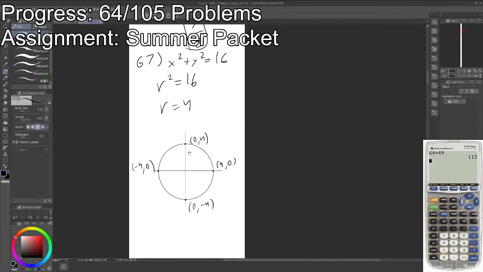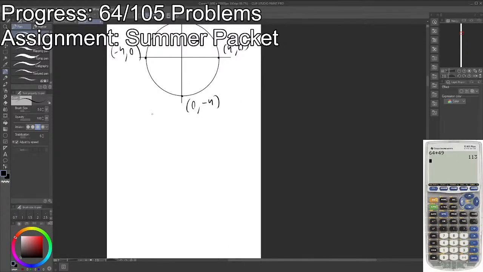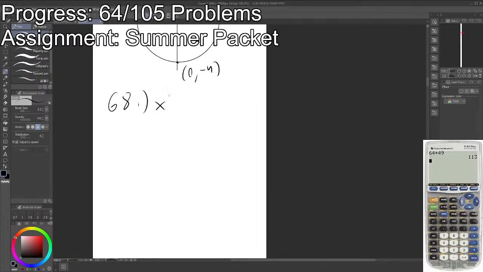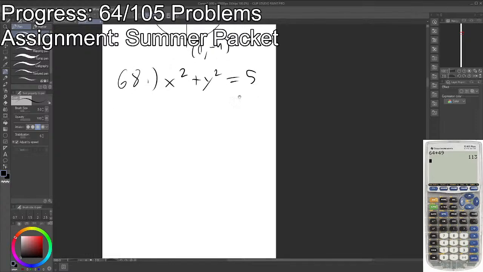Same thing for 68. Different radius. x squared plus y squared equals 5.